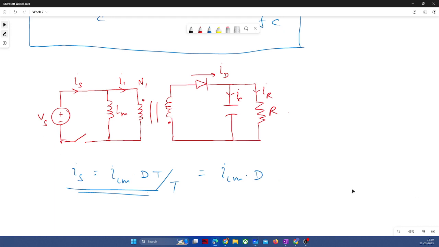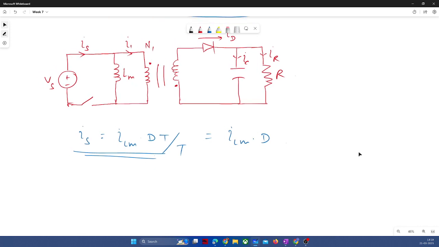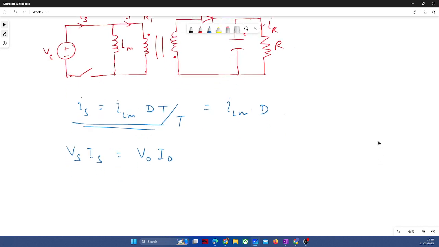And further, if we are assuming that this is a lossless converter, we will equate power. Vs IS is equal to V naught I naught, just to compute the average value of magnetizing current. IS we derived as D into ILM, so D into ILM is equal to V naught into I naught. I naught is V naught by R, as it is a resistive load.